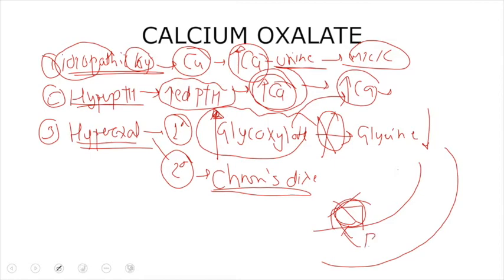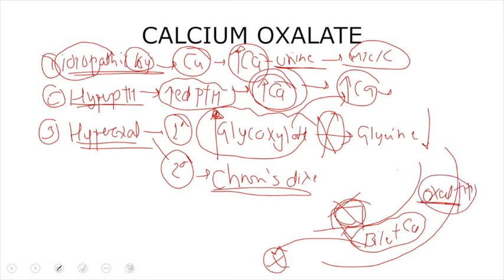Now the bile salt will not be reabsorbed from the terminal ileum, and it will combine with calcium, and hence the calcium and bile salt eventually will appear in the feces. Now the oxalate cannot bind to the calcium because calcium has been bound to the bile salt, and this increased amount of free oxalate will be absorbed from the intestine and reach the blood, and from the blood it will be filtered by the kidney and appear in the urine.